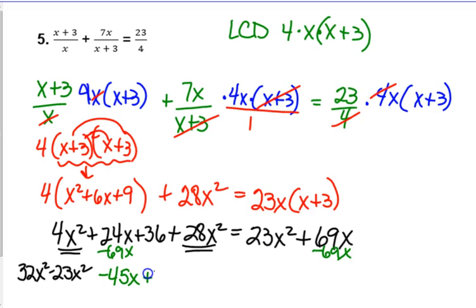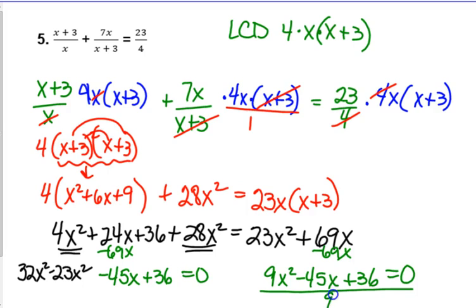And I just have a plus 36. Okay, so I end up with 9x squared minus 45x plus 36, which means I can divide everything out by a constant of 9.